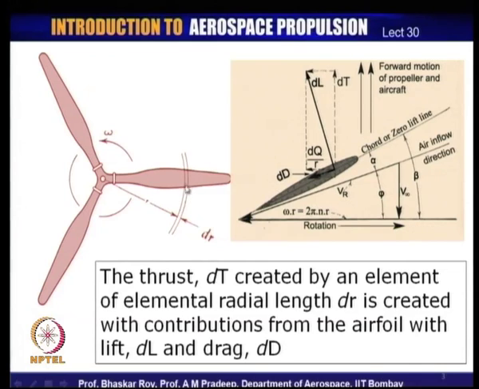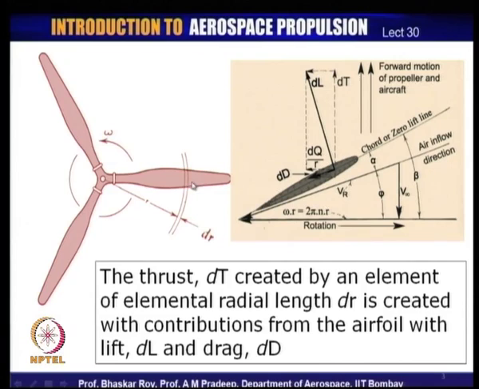So, typically a propeller is quite often represented by a blade section which is somewhere around 60 to 75% of the blade. Most of the subsonic propellers would have their representative blade section at around 75% of the blade length. Some of the transonic propellers may be even higher than that.